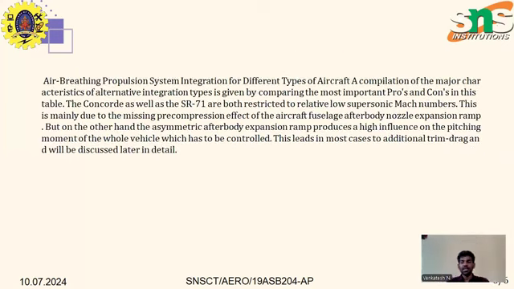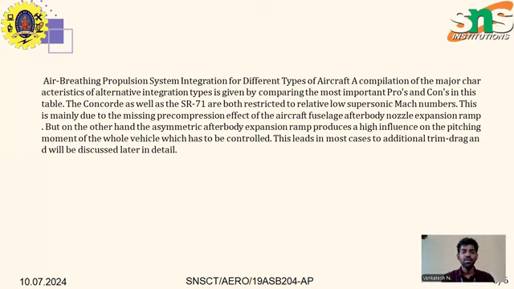So this is air-breathing system integration for different types of aircraft. A comparison of the major characteristics of alternative integration types is given by comparing the most important pros and cons in this table. The Concorde as well as the SR-71 are both restricted to relatively low supersonic Mach numbers.